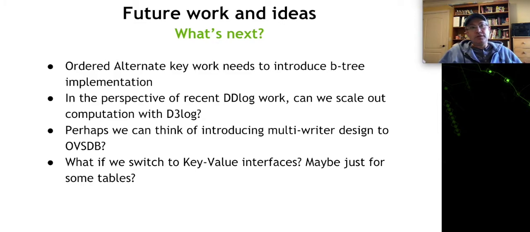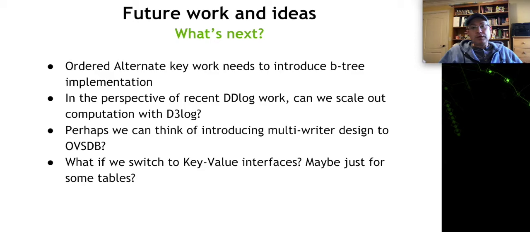That means the computation will not necessarily be bound to just one CPU, but can be executed in parallel on many CPUs and even many servers. With that in mind, we might think about introducing a multi-writer design and see what we can do by leveraging existing RAFT and building something more scalable over time.